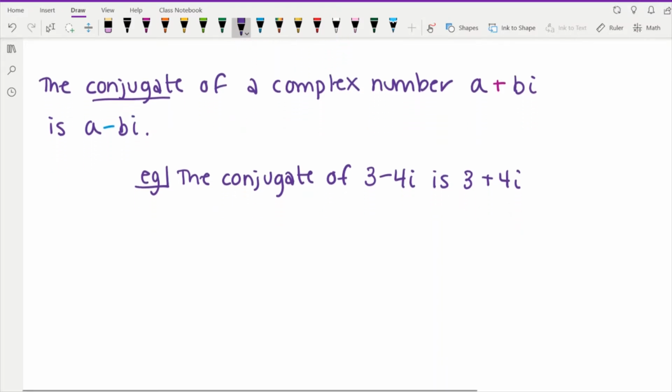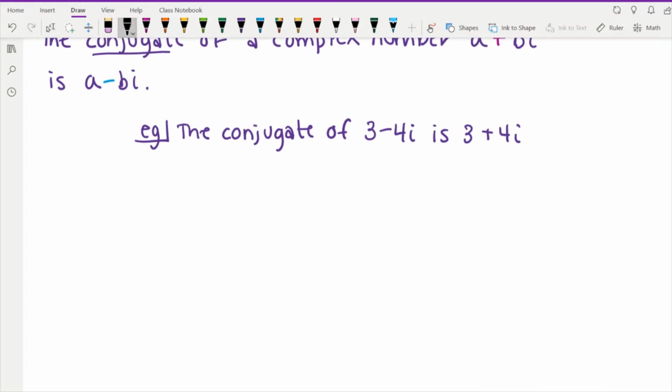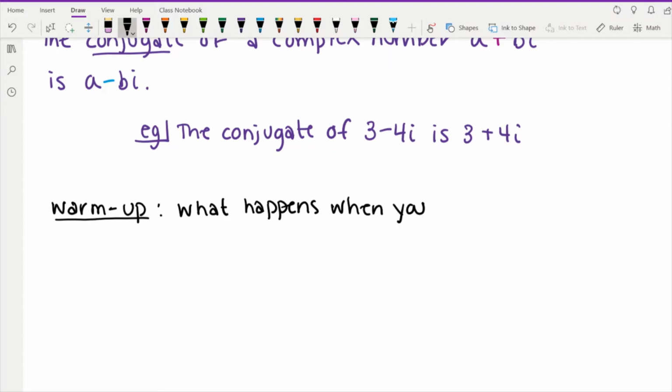Okay, so I want to give you a warm-up to think about here, and this is something that we'll come back to later in this video. I want you to think about what happens when you multiply a complex number and its conjugate.